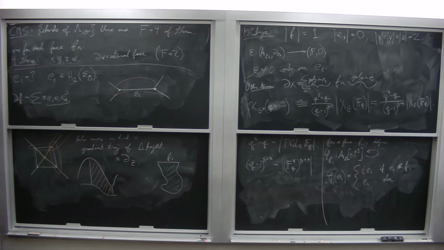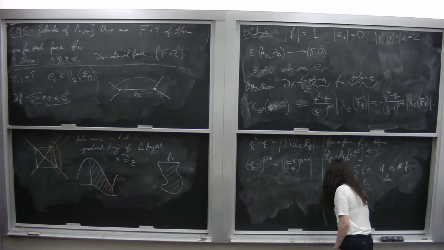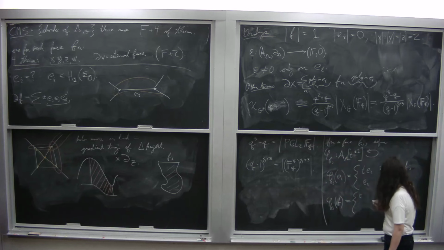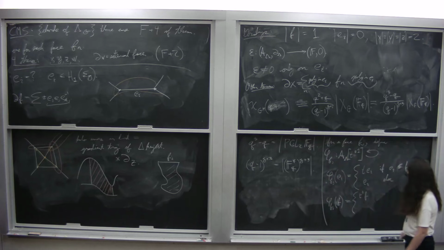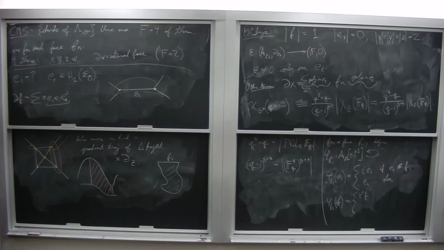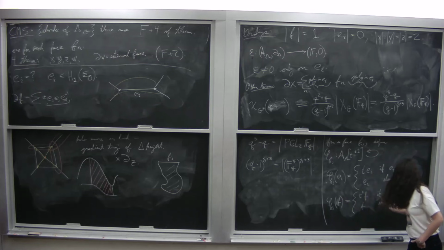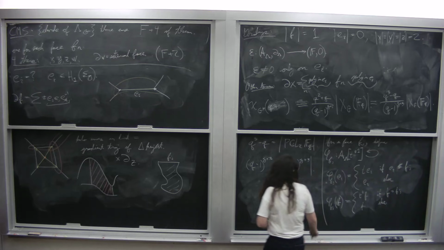Okay. And then I also have that phi fj of f is going to be equal to t squared f if f equals fj, and it's just equal to f else.